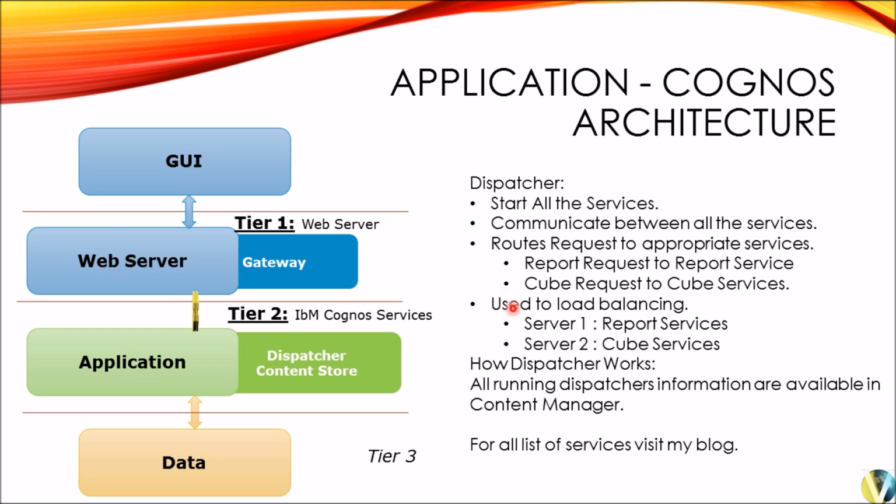So if dispatcher 1 wants to communicate with dispatcher 2 on server 2, all the dispatcher 2 related information is available in content manager. So dispatcher 1 accesses the content manager, gets all the dispatcher 2 related information, and communicates with the other dispatcher.